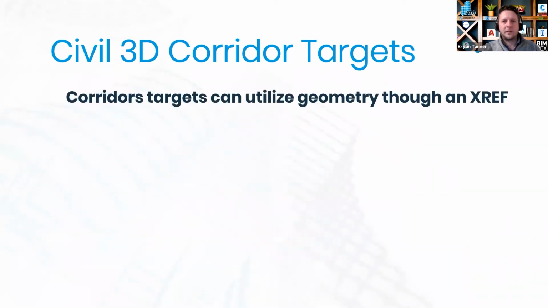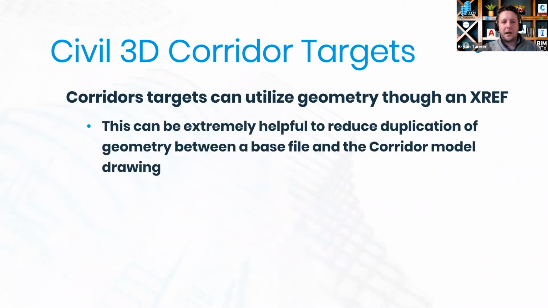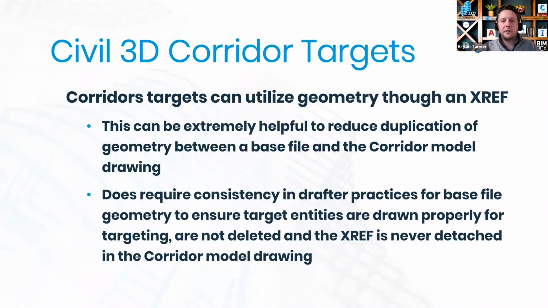One last slide, I believe, before we jump right into the software for those who are patiently awaiting some more advanced tools. Corridor targets can utilize geometry through an X reference. While this can be extremely helpful to reduce duplication of geometry between a base file and the corridor model drawing, it also requires some consistency and really good communication between the individuals on your team.